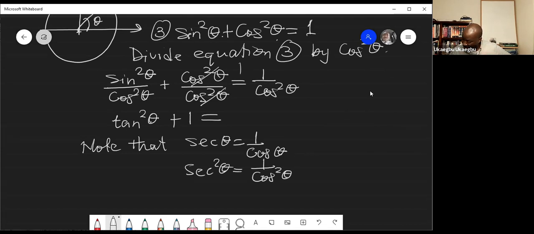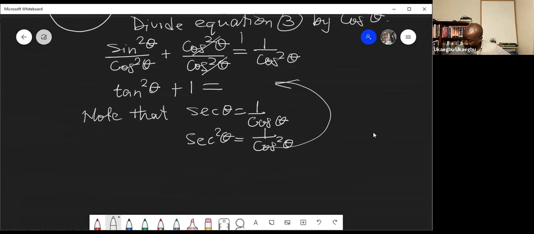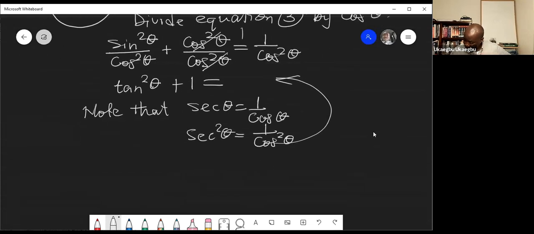So if we plug this back here, we obtain that tangent squared theta plus 1 equal to secant squared theta.